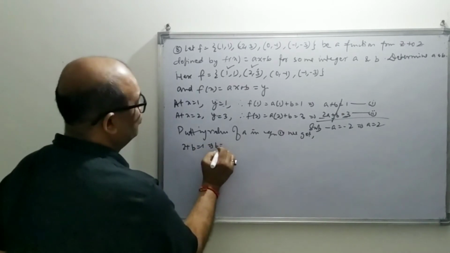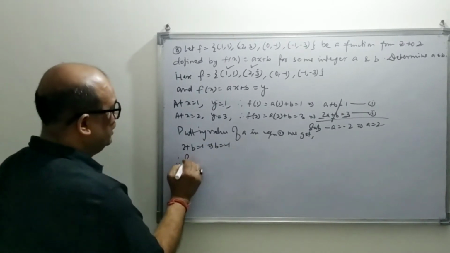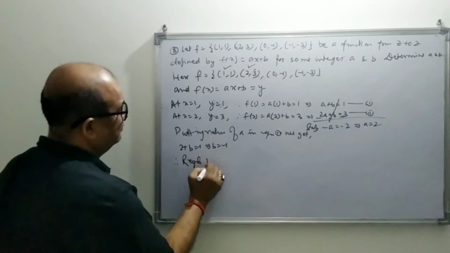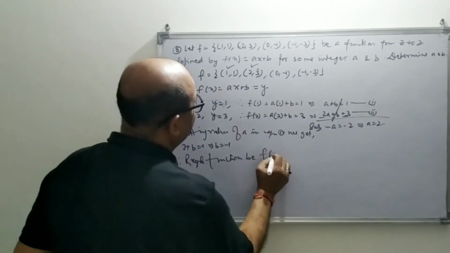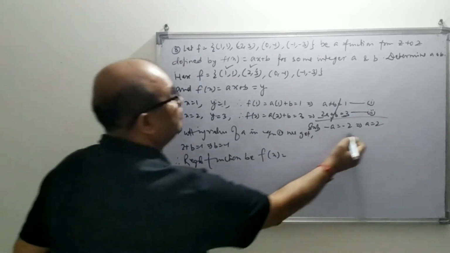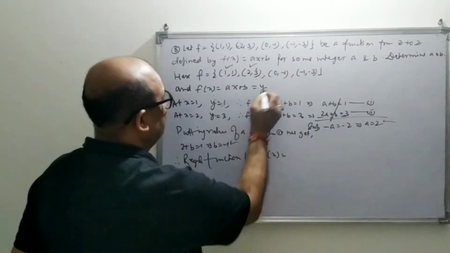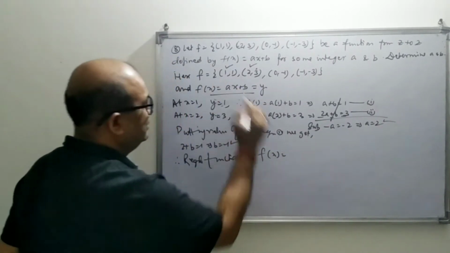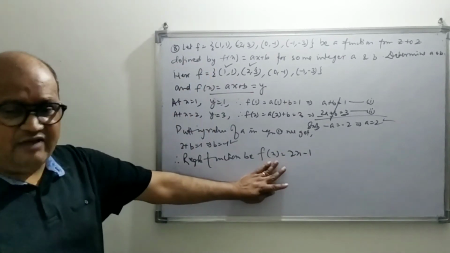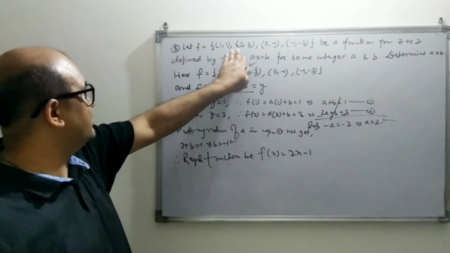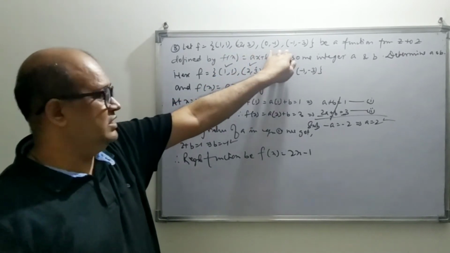That gives you b equal to minus 1. Therefore, the required function has a equal to 2 and b equal to minus 1. Put it here: f(x) = 2x minus 1.